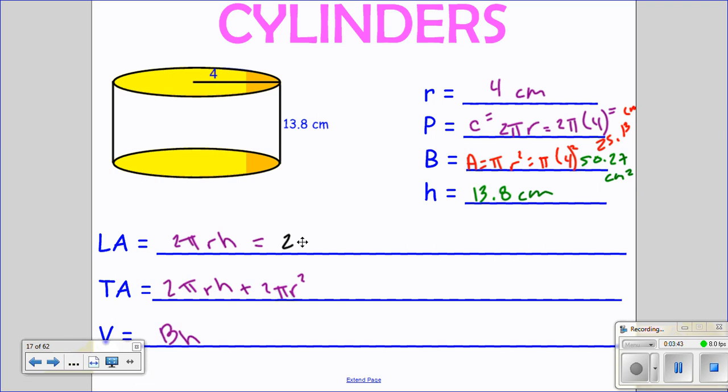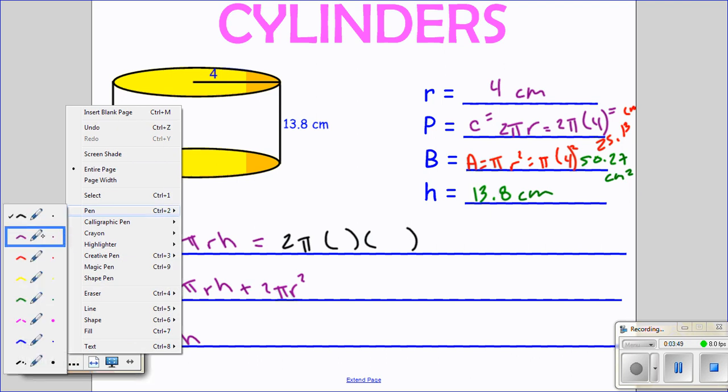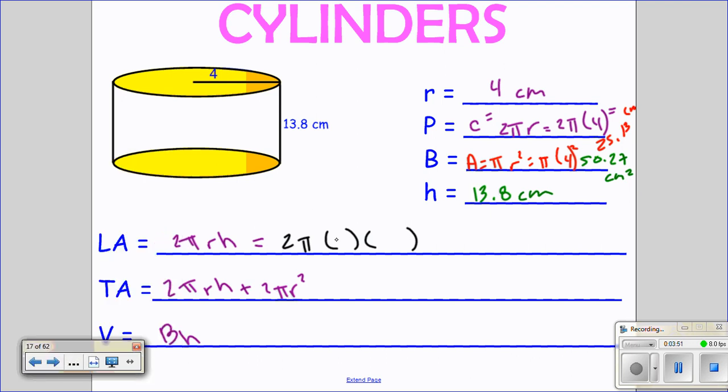2 times pi times radius times 3D height. So our radius is 4, our 3D height is 13.8.